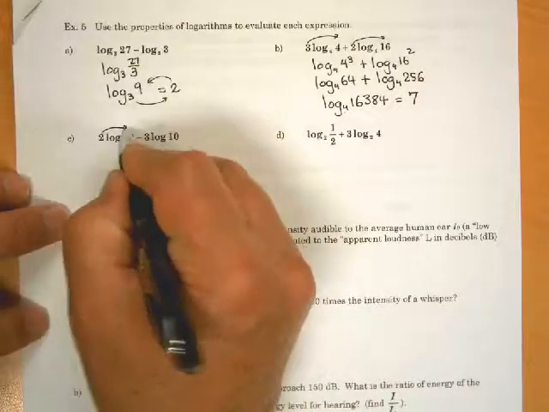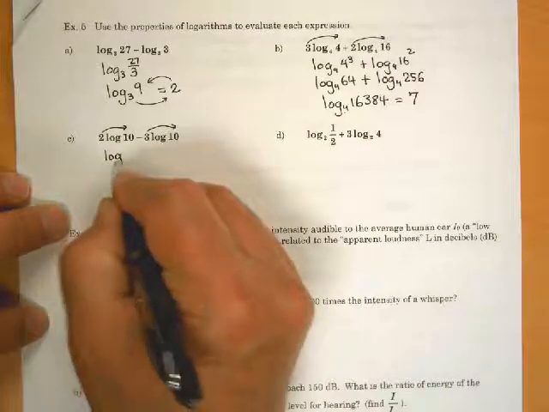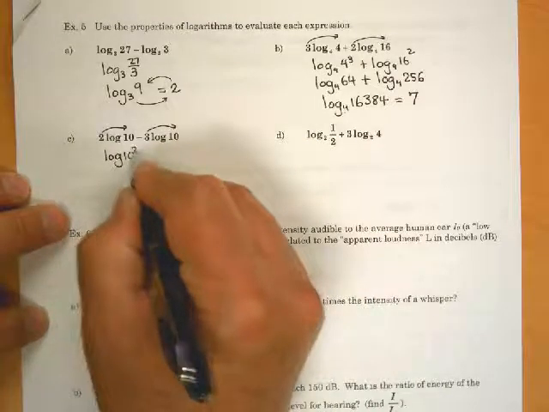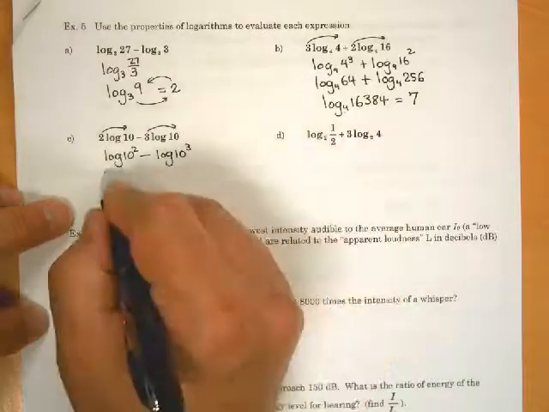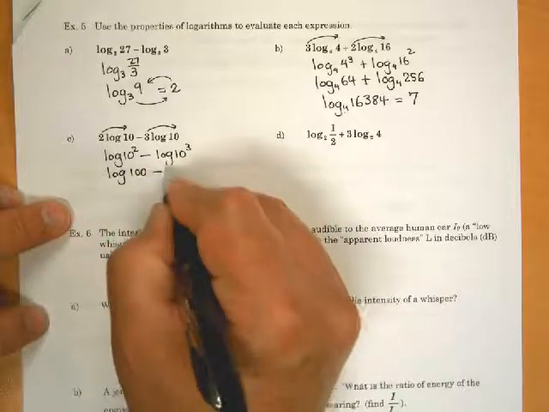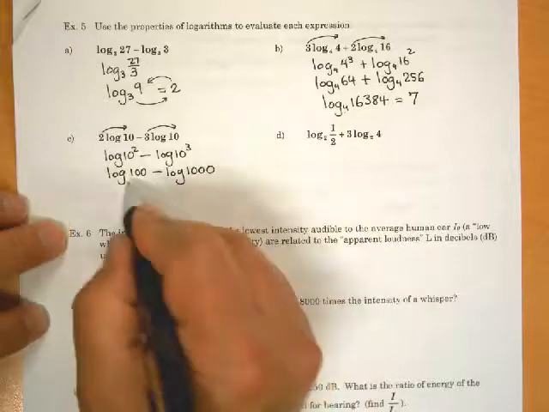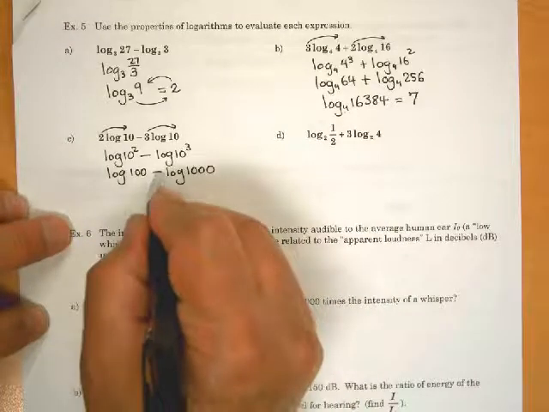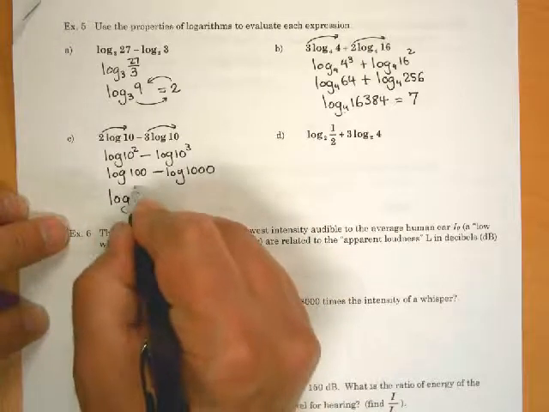Okay, we're going to take these powers up. This would be 100, 10 times 10. And 10 times 10 times 10 is 1,000. Now there's a subtraction between these logs, so we're going to go common log of 100 divided by 1,000.